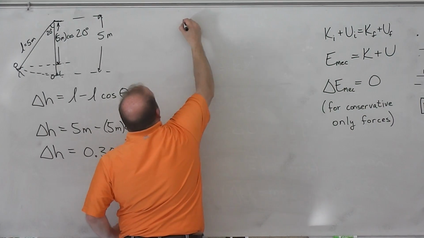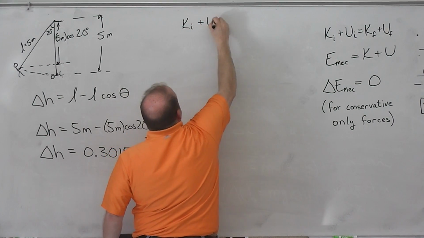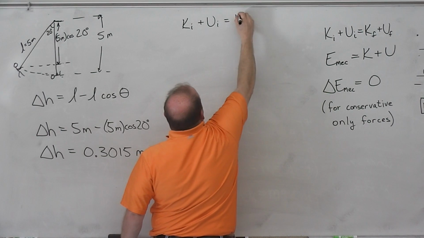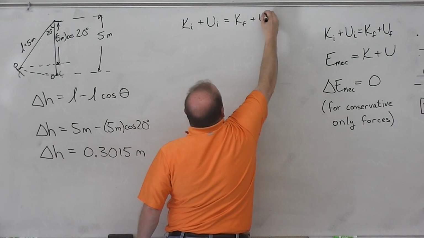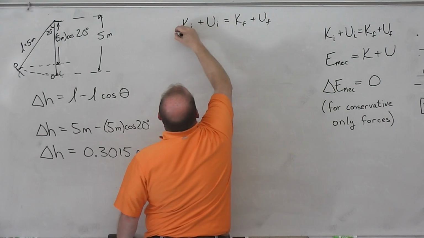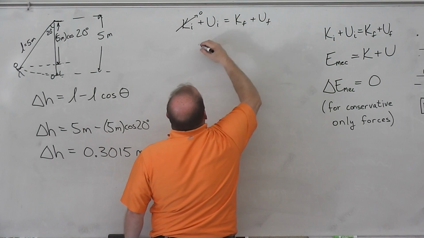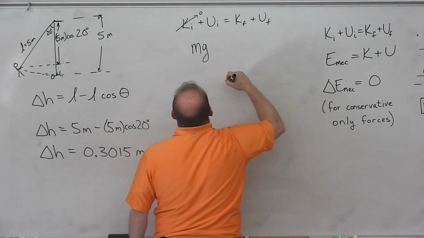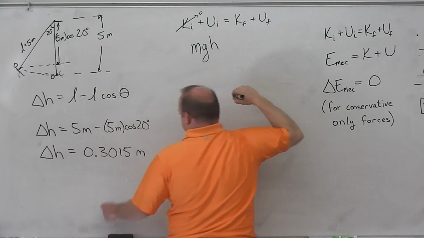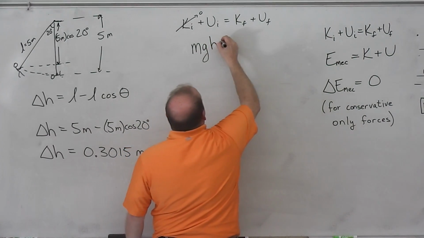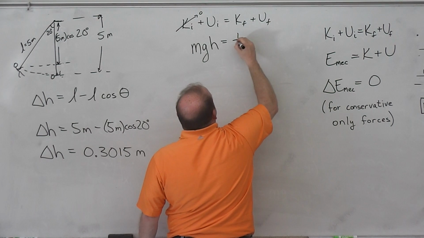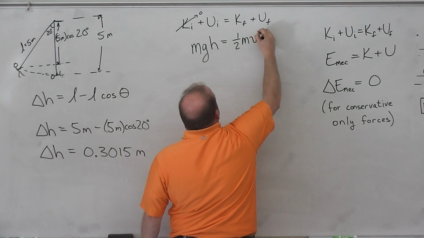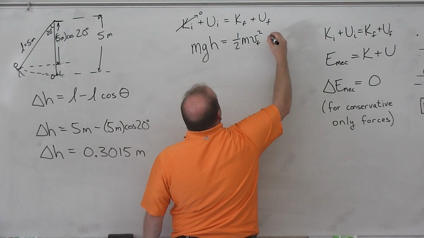okay, K initial plus potential energy initial is equal to K final plus potential energy final. Initial kinetic energy, 0. This will be mgh, which will be the 0.3015 in this case, is equal to kinetic energy final, which is 1/2 m v final squared.